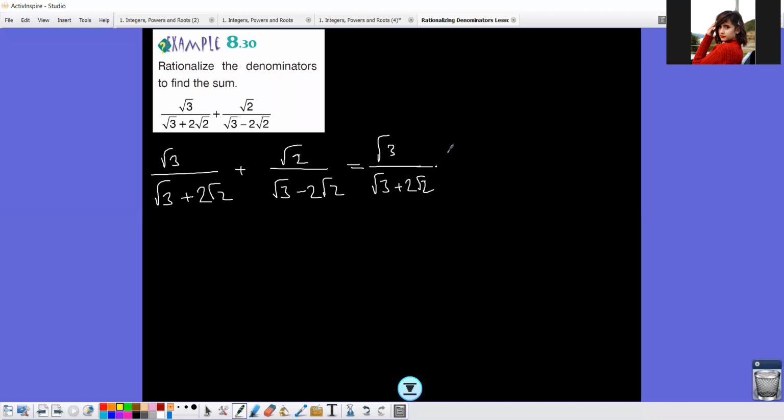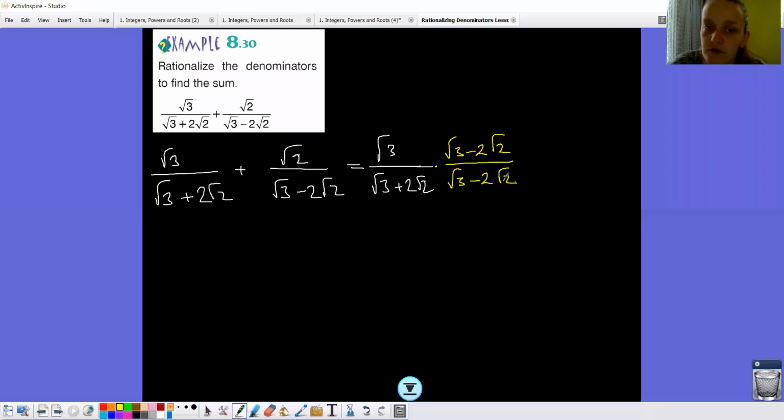So root 3 minus 2 root 2 over root 3 minus 2 root 2. Then I'm continuing to write this question. I have this plus, then root 2 over root 3 minus 2 root 2.